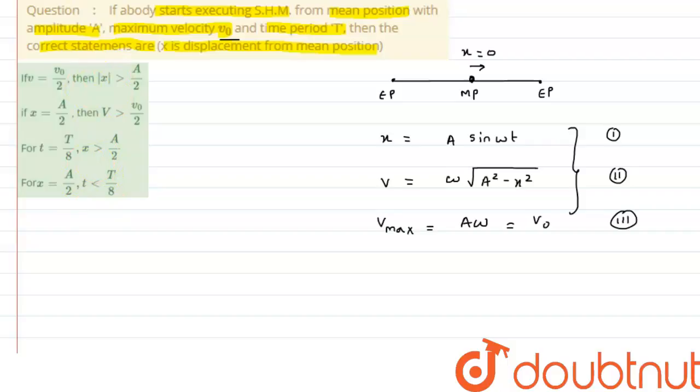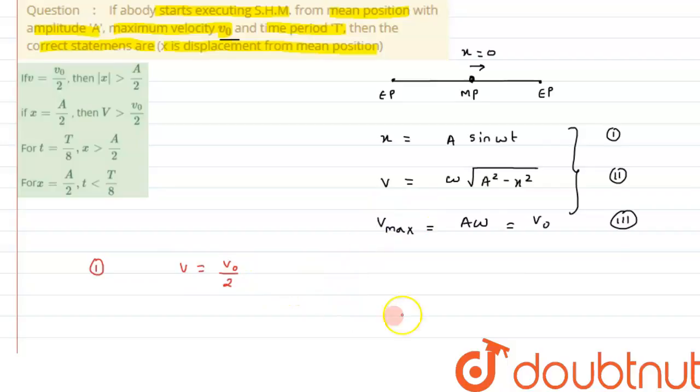So let's begin with the first part. It says if v is equal to v0 by 2, then we have to check whether the value of displacement is greater than a by 2. So for the first option we are checking if v is equal to v0 by 2.